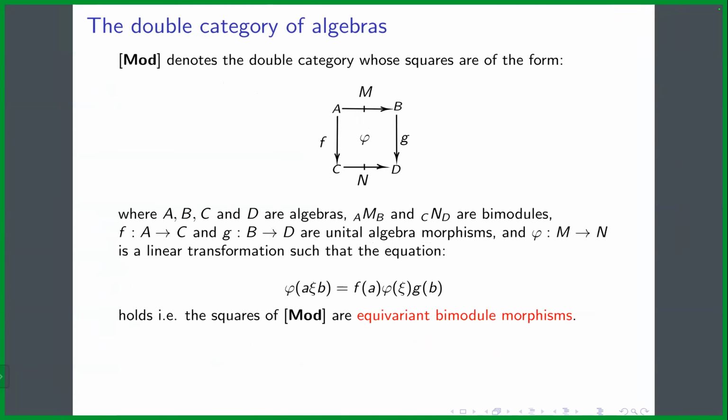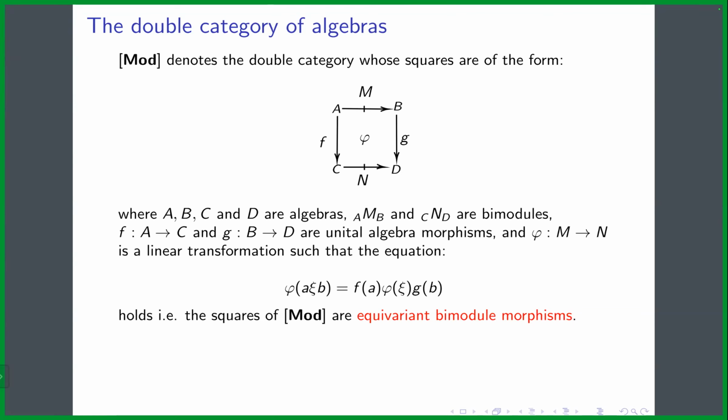But this is just one part of the story. We have a double category of algebras, bracketed Mod. Bracketed Mod denotes a double category whose squares, or two cells, are of this form, where again A, B, C, and D are complex unital algebras. M and N, the horizontal edges, are A-B and C-D bimodules respectively, where now we have these vertical arrows, F and G, which are unital morphisms from A to C and from B to D respectively.